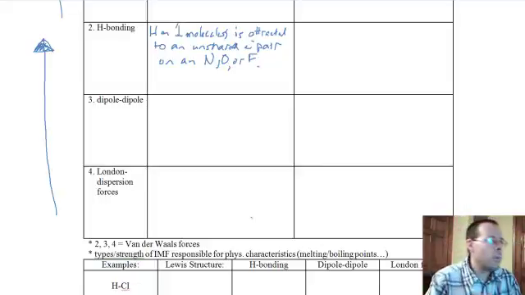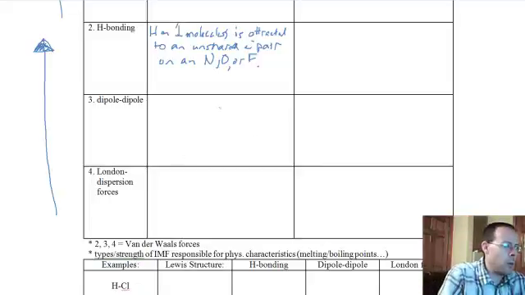So the hydrogen on one molecule is attracted to an unshared electron pair on an N, O, or an F. What are N, O, and F? They have the highest electronegativity. So generally speaking, these things always have extra electrons on them, which means they're partially negatively charged. And the hydrogen on the other molecule is attached to something that has an N, O, or F.